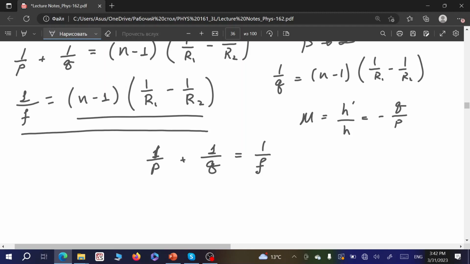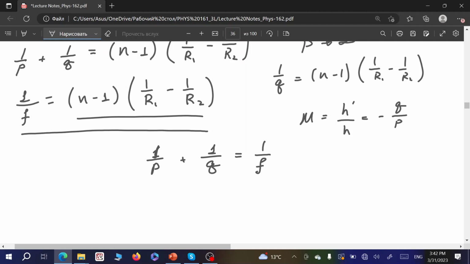In mirrors, we do not care about refractive index because rays are traveling in one medium. It's always in air. It is just reflected from the interface, traveling in air before it hits the mirror and in air after it hits the mirror. So we don't care about refractive index.